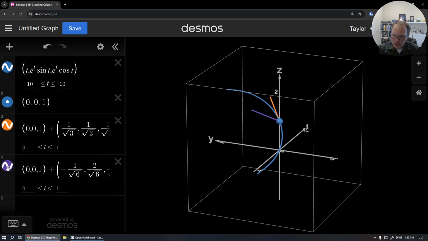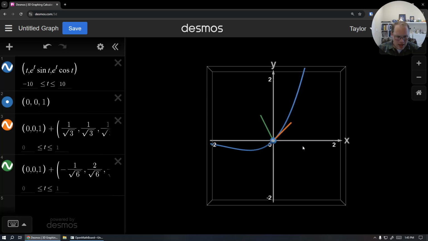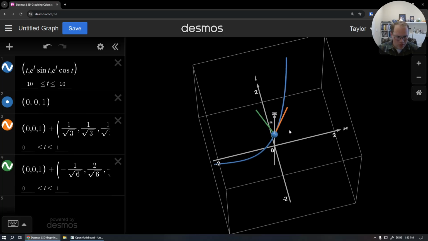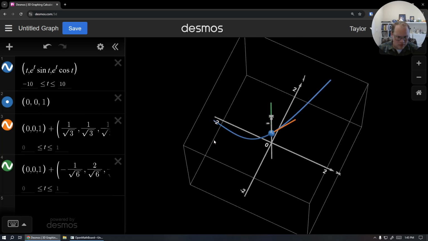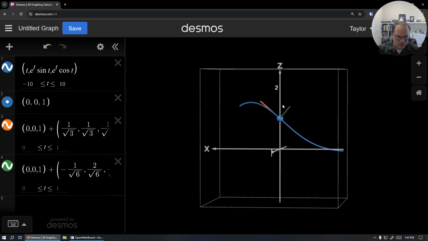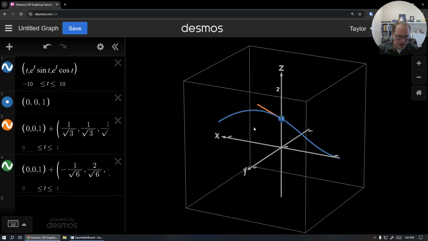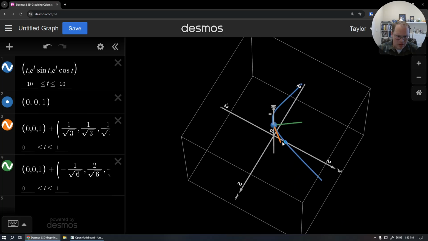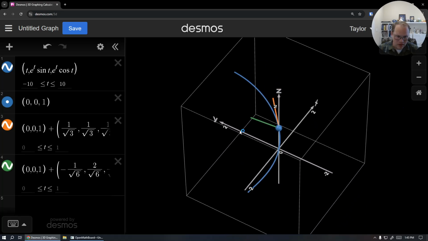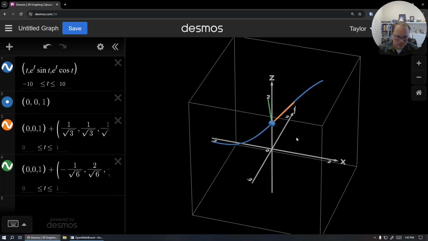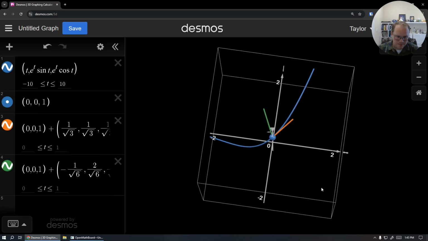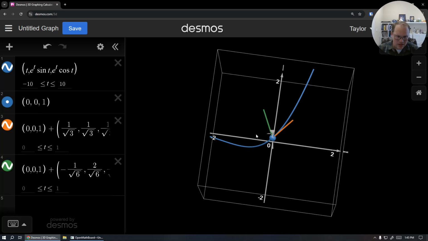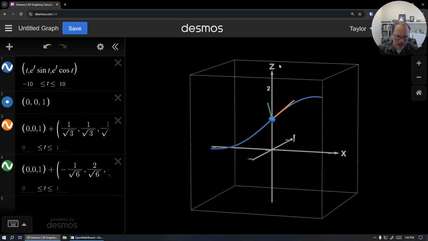Maybe I'll make this one green. It is orthogonal to the curve, and it's pointing in the direction the curve is curving. Right?